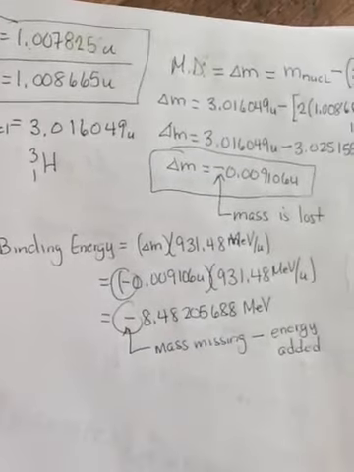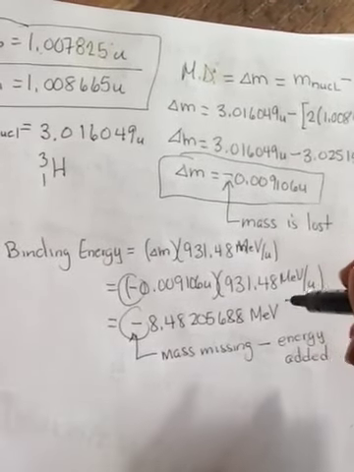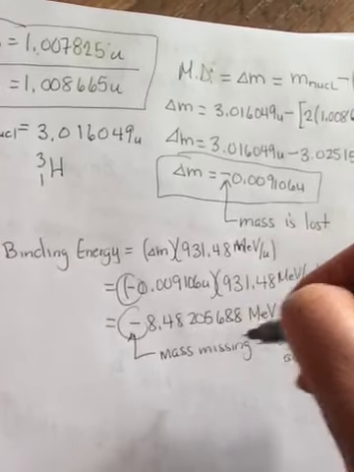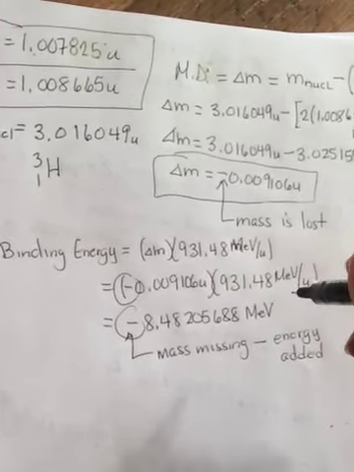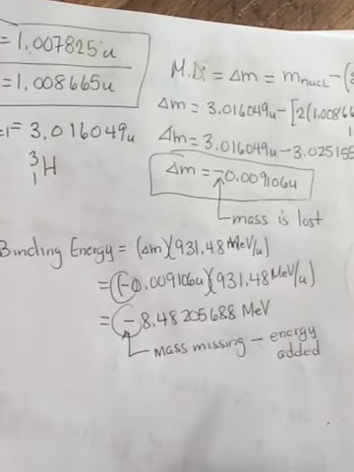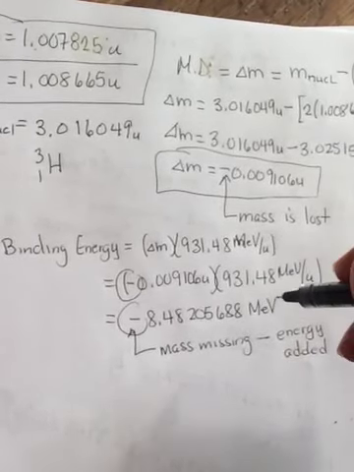If you needed to find it in joules or kilograms, then you would convert your mega electron volts to electron volts, moving the decimal 6 places, and then multiply by 1.602 times 10 to the negative 19 joules per electron volt, and that would give you joules.